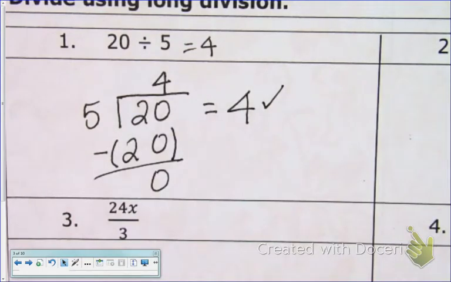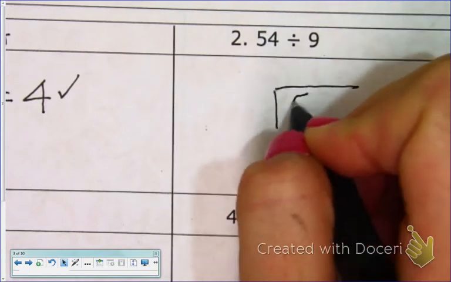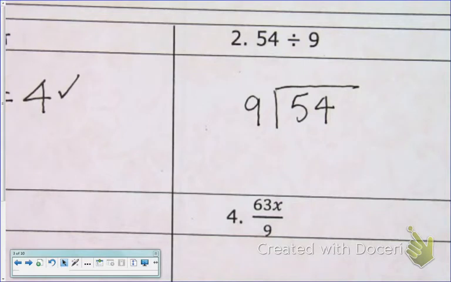Okay. All right, so let's look at number 2. Let's set it up. Put it in your doghouse. Now you try. Does 9 go into 5?